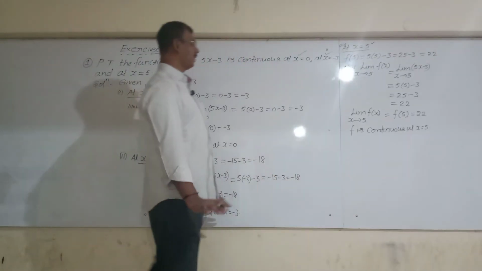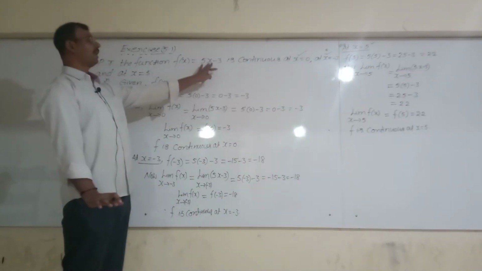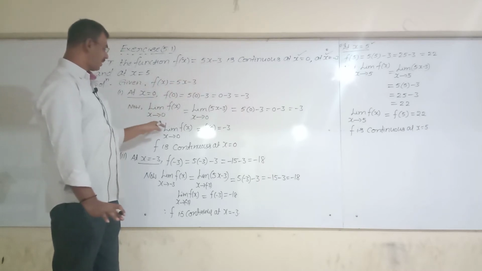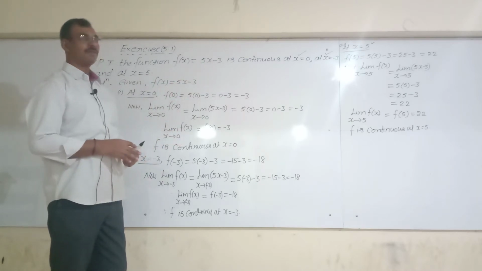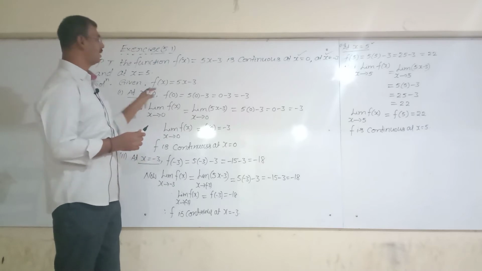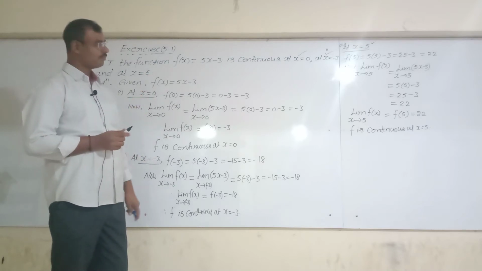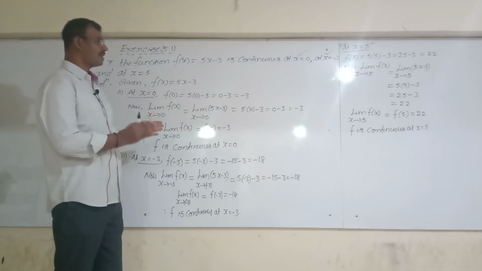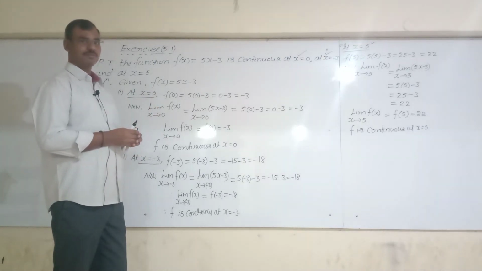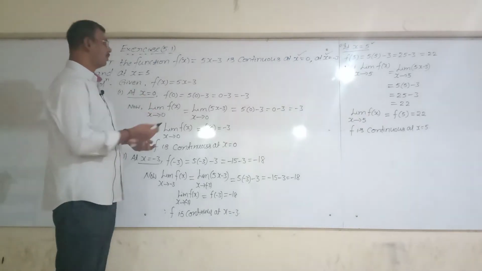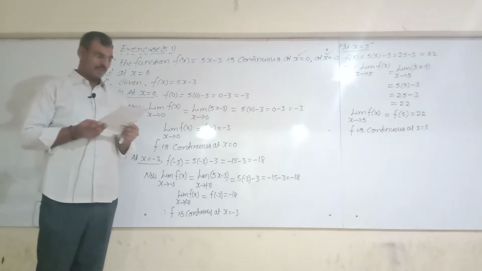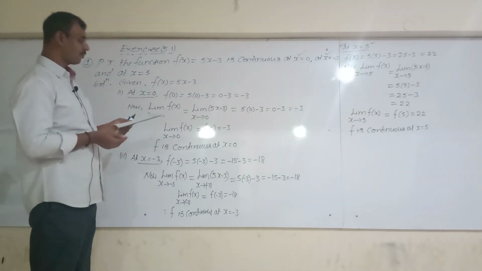If there are no breaking conditions, you should apply direct limit. We can easily show the answer to these questions. All through the total exercise we are doing it like this only. Clear? We will see more questions. Let us take question number 2.